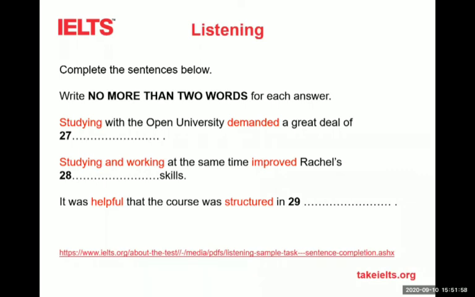So a noun that would perhaps describe the skill, so some kind of skill. Good. And what about 29? Structured in. Good. Another noun. Excellent.